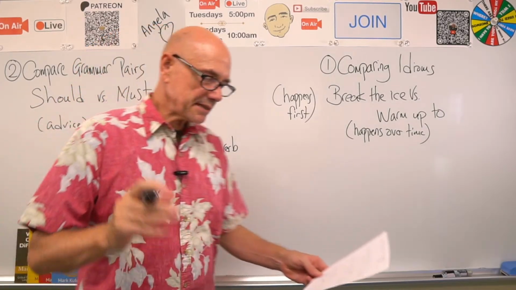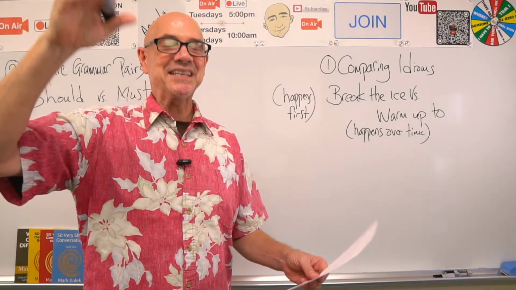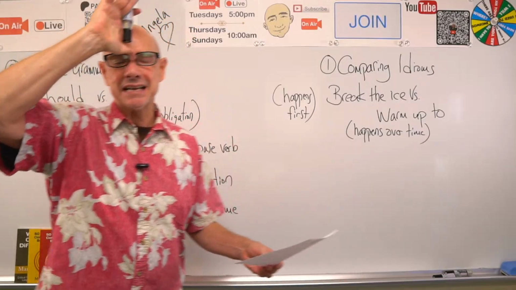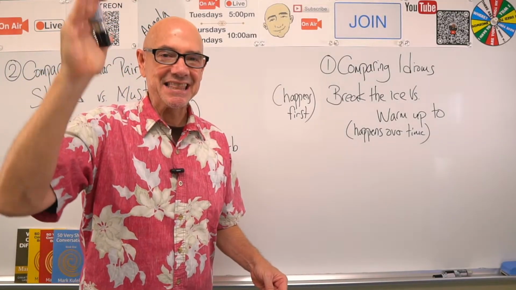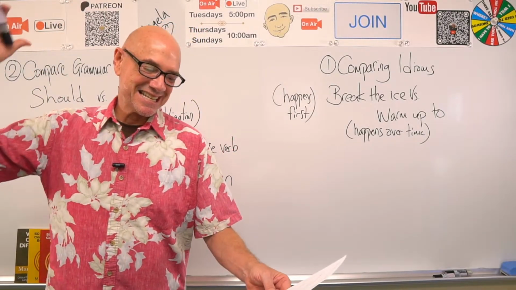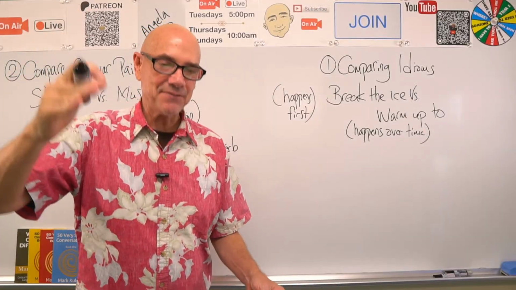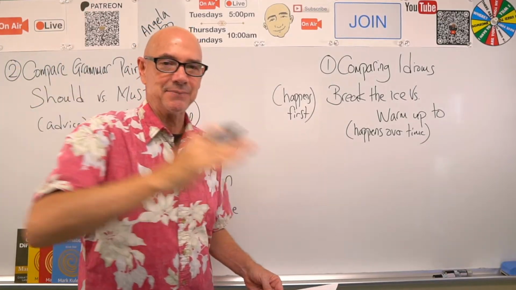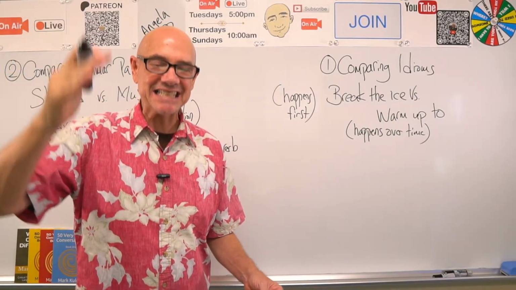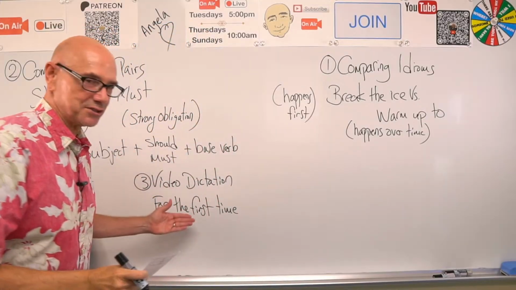So something happens that has never happened before. Can we say it together? Something happens that has never happened before. One more time together. Something happens that has never happened before. That means for the first time.